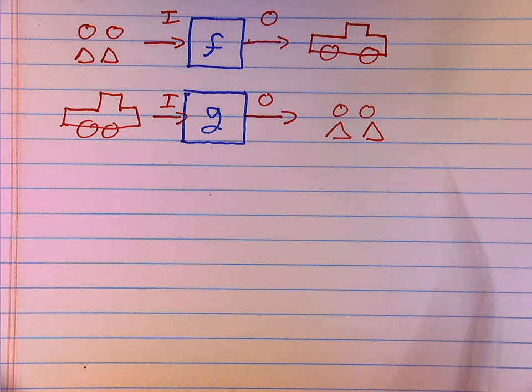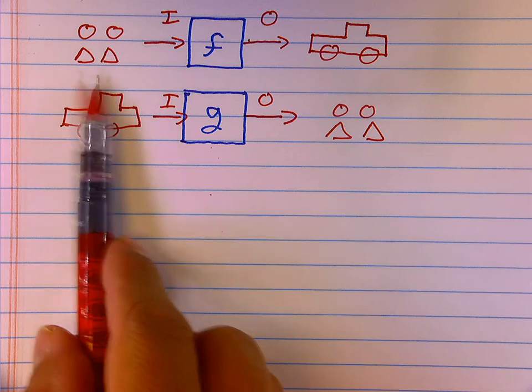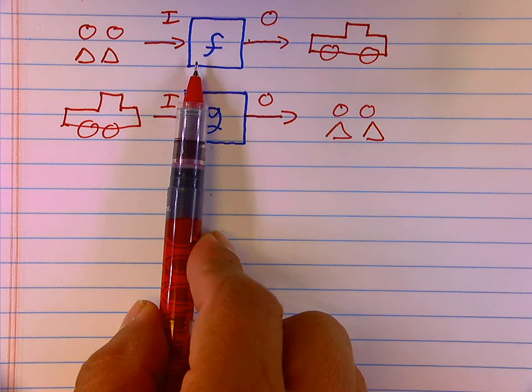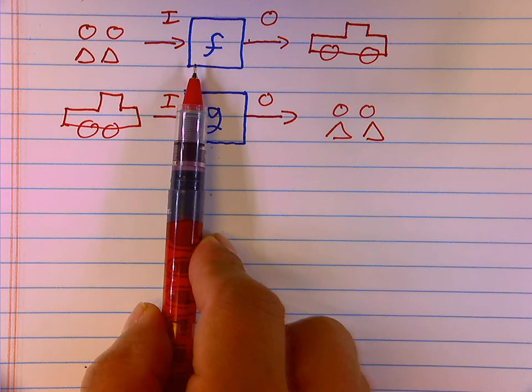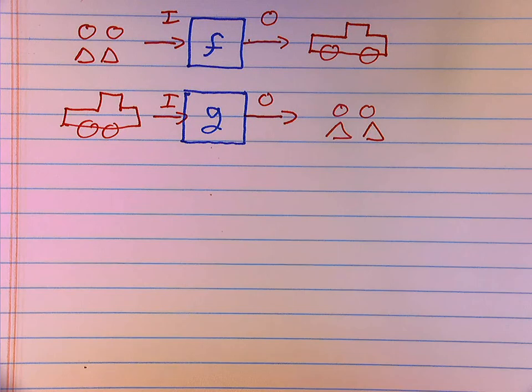Some parts. Those parts could be shipped somewhere else and taken into a factory, and out of the factory can come your pickup truck. We can go round and round and round with this procedure. These two functions are inverses of each other. Whatever one does, the other undoes it.